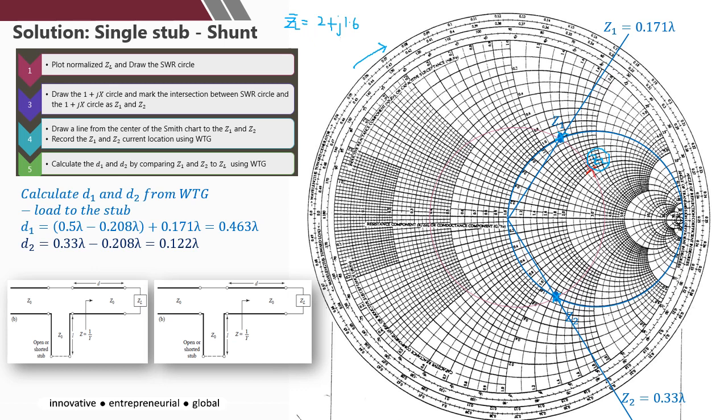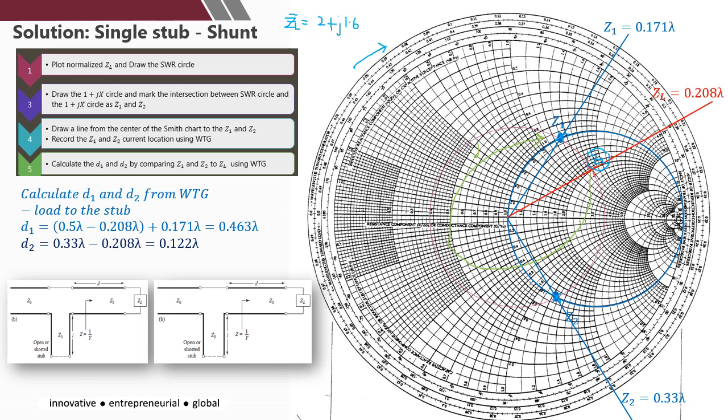So load to stub, okay, load to stub for Z1. If you look at the position to get D1, load to stub, this is the load position to get it to the first stub, this one.